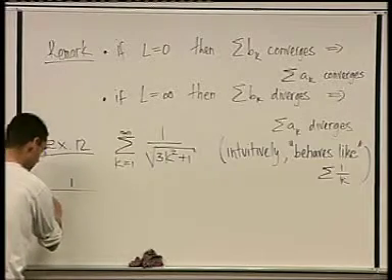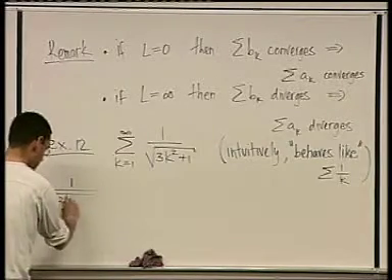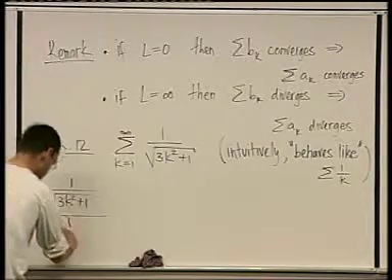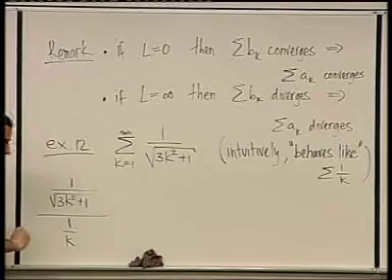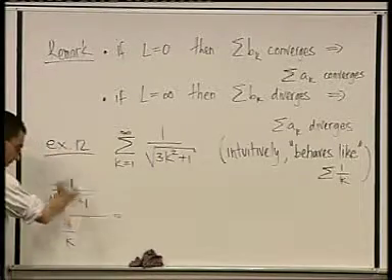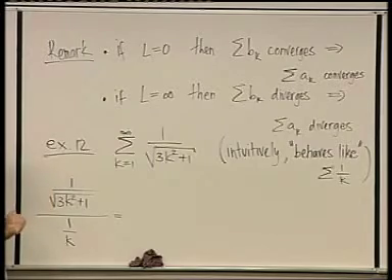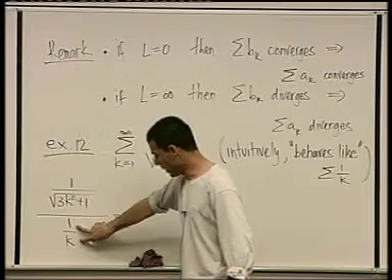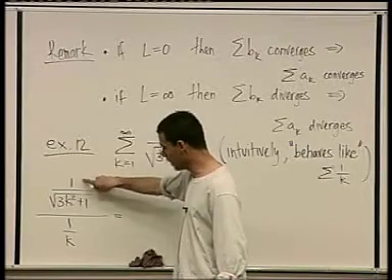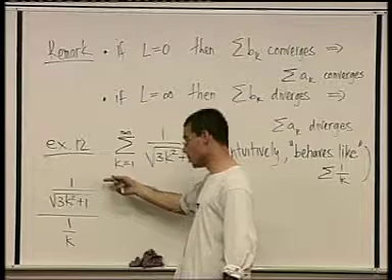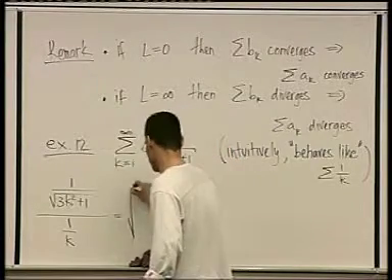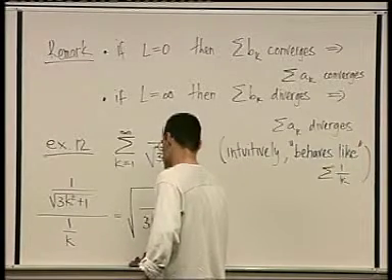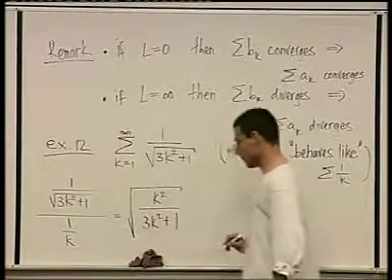So how do I formalize this? Here's the formal proof. 1 over root of 3k squared plus 1, divided by 1 over k. I want to take the limit of the quotient as k goes to infinity. I can multiply by the reciprocal, so I get a k up here, and then I can throw it under the root, so I get the root of k squared over 3k squared plus 1.